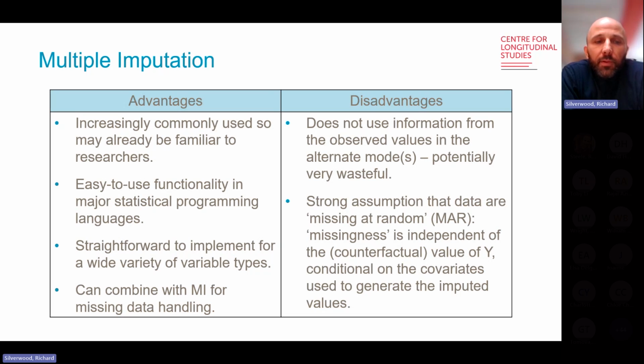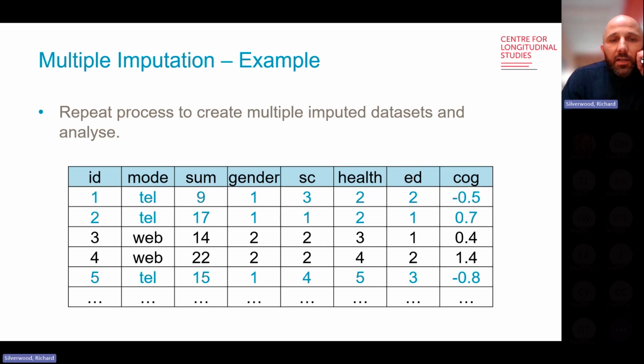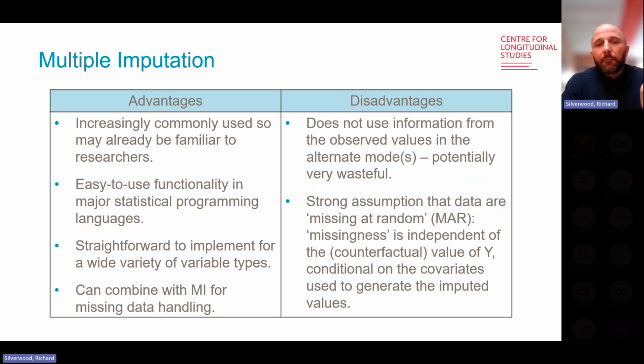It's straightforward to implement for a wide variety of variable types, which is important. So here we were thinking of imputing a variable here, sorry, the sum score that looks basically continuous. But if we had a variable that was, say, binary, then using standard implementations of multiple imputation, we would be able to develop a predictive model for that binary variable that gives us a probability.